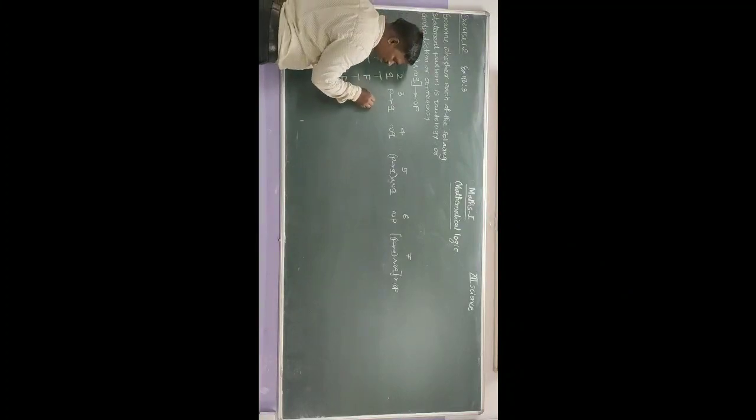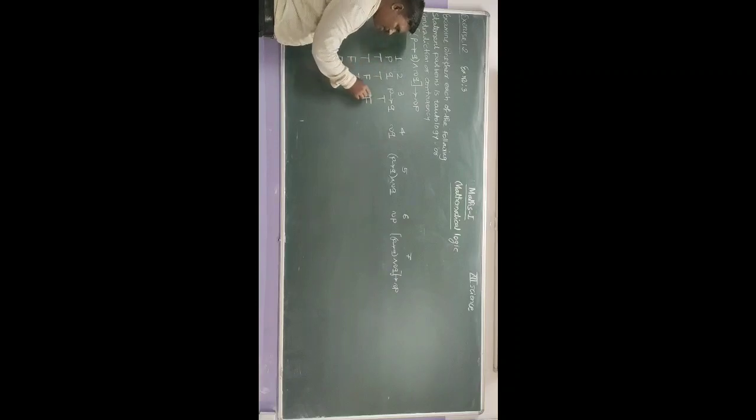P implies Q, that is the implication. In implication, if first is true and second is false, then it is false. P true implies false is false. In all other cases it is true: true implies true is true, false implies true is true, false implies false is true.